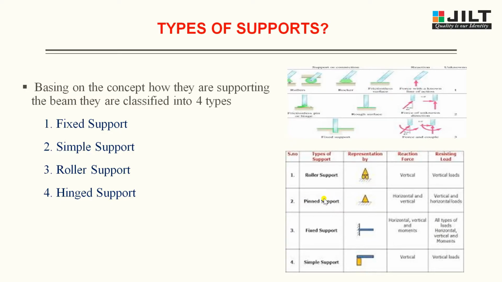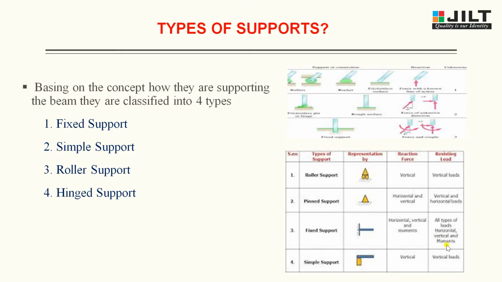Pinned support or hinged support, you can view this is the symbol, and for fixed support this is the symbol, and for simple support this is the symbol. And you should have an idea about reaction force. In roller support, the reaction force is vertical and the resisting load will be vertical load. In pinned support or hinged support, there are horizontal and vertical reaction forces, and vertical and horizontal loads are resisted.